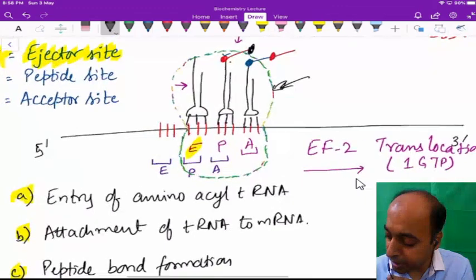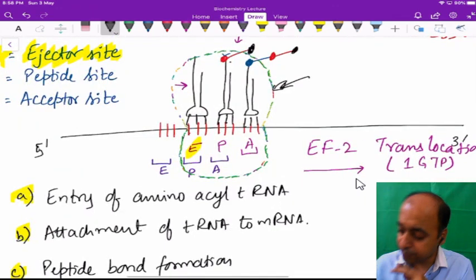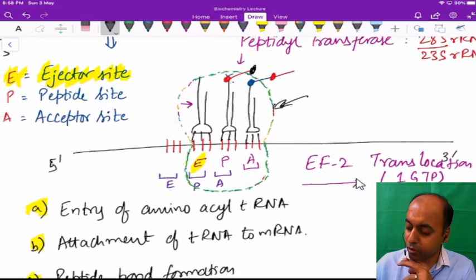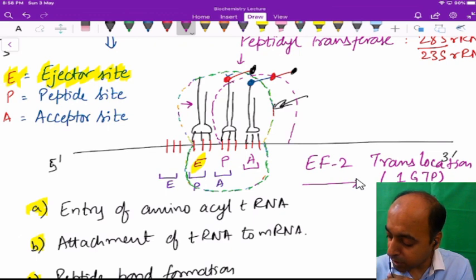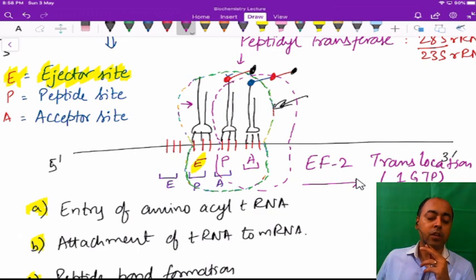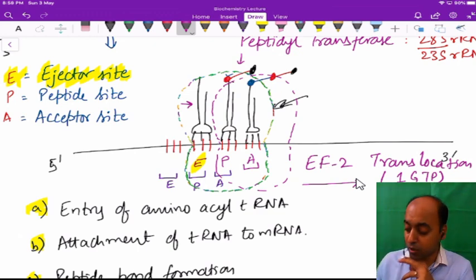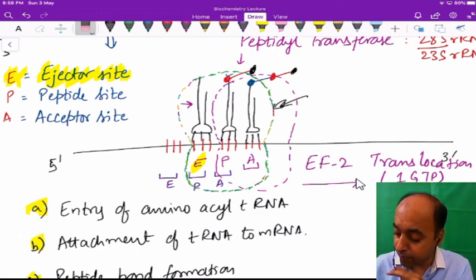Once the peptide bond formation occurs, there will be translocation by one codon.